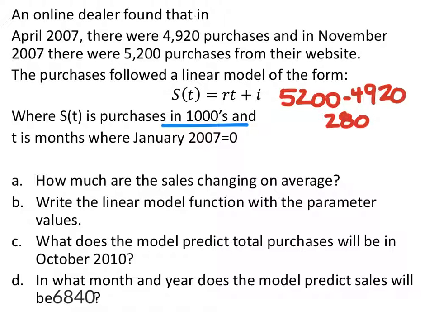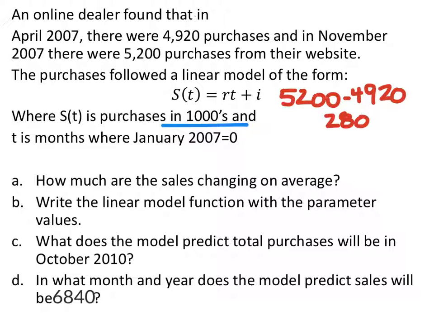I'm going to have to use my fingers on this. April's where we're starting, so that's going to be considered 0 for me. And yes, I know that it says t in months where January is 0, but I'm just trying to figure out the change in this. So how many months changed from April to November? That would be May, June, July, August, September, October, November.